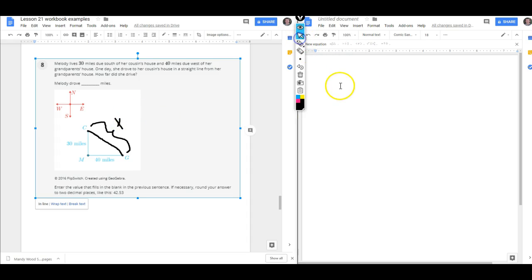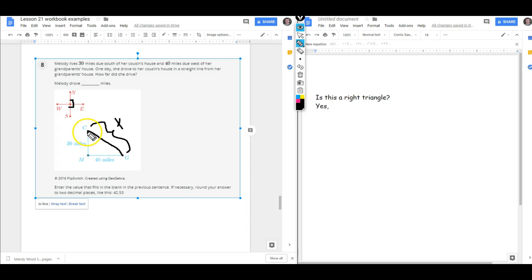So the first question I'm going to ask myself is, is this a right triangle? If yes, then the next thing I'm going to ask myself... The reason it is a right triangle is because the directions, north, east, south, and west, are all 90 degrees.